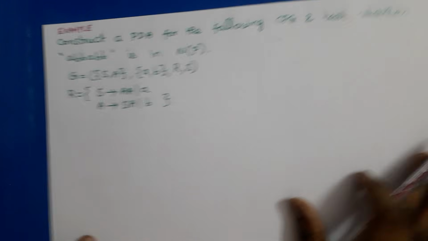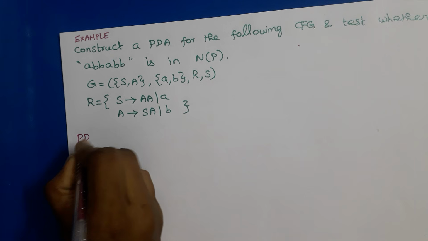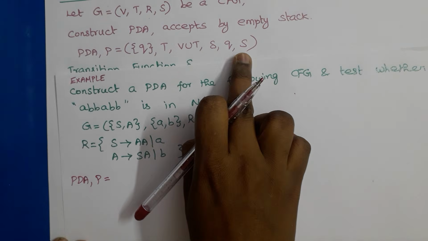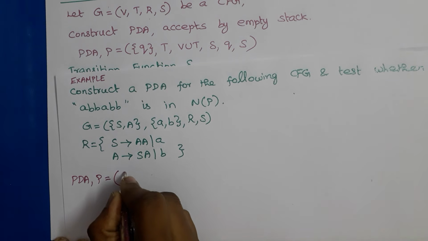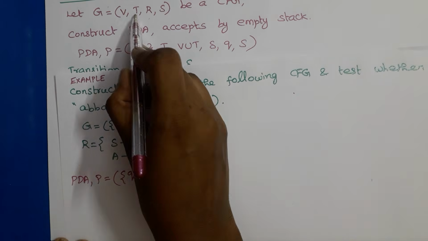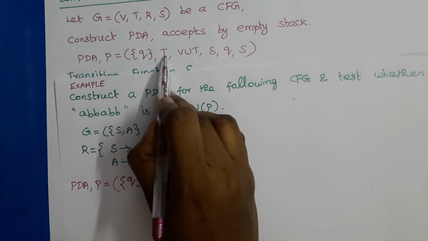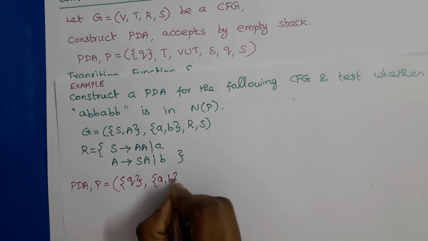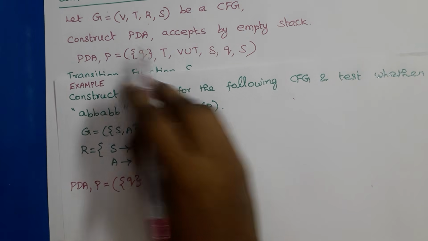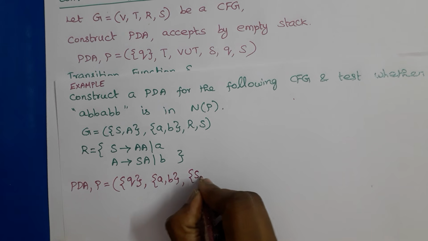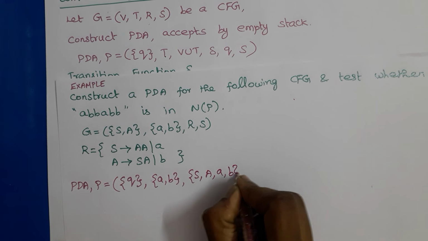Now we have to construct the PDA P. How do we construct this 6-tuple notation? It has the set of states Q, only one state, and T, the terminal symbols of the grammar. Here the terminal symbols are a and b. Then the stack symbols are V union T, so here S, A, a, b. These are the stack symbols.